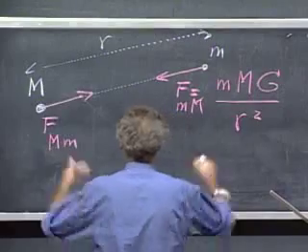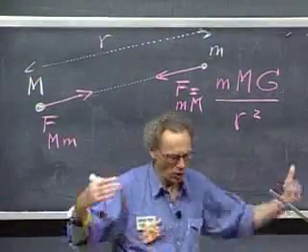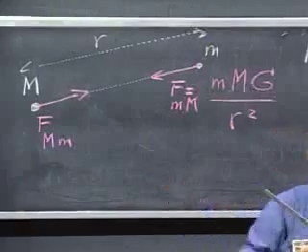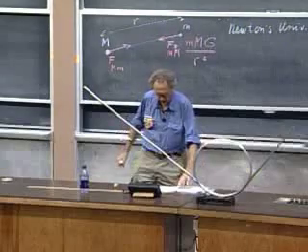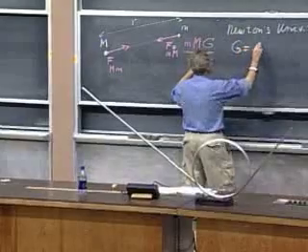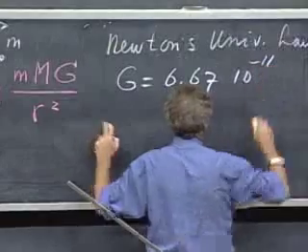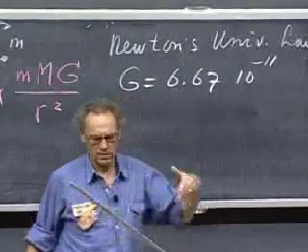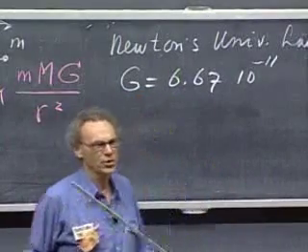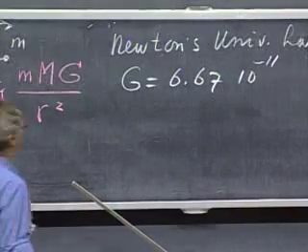Gravity is always attractive. Gravity sucks, that's the way to think of it. It always attracts. There is no such thing as repelling forces. The gravitational constant G is an extremely low number, 6.67 times 10 to the minus 11 in our SI units, which is newton square meters per kilogram or something like that. That's an extremely low number.